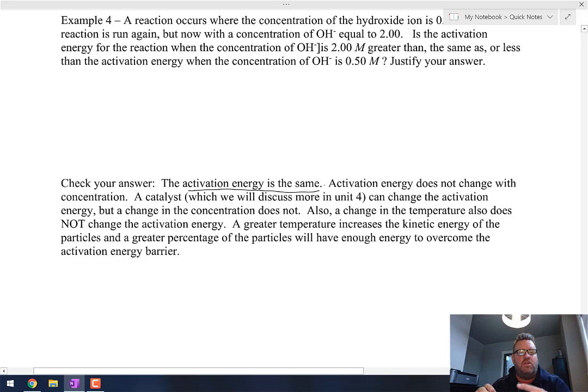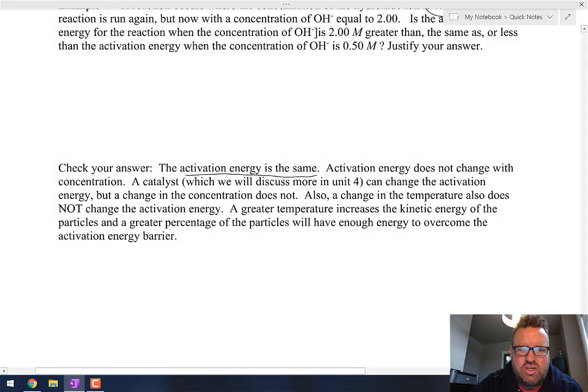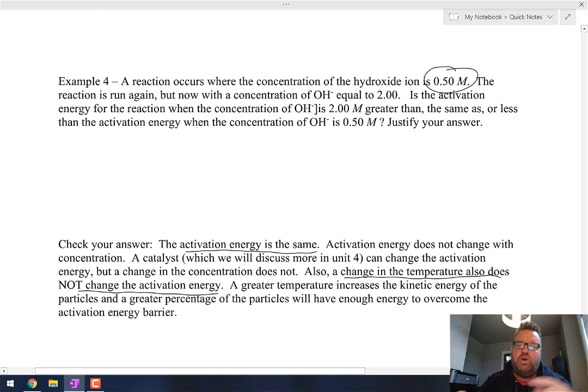What if you change the temperature though? Same situation here: what if you have 0.5 molar at 25 degrees Celsius and then at 40 degrees Celsius? Does that cause the activation energy to change? No, it does not. A change in the temperature does not change the activation energy. When you change the temperature, what you're doing is giving the particles more energy, and so that means more of those particles can overcome the activation energy barrier.